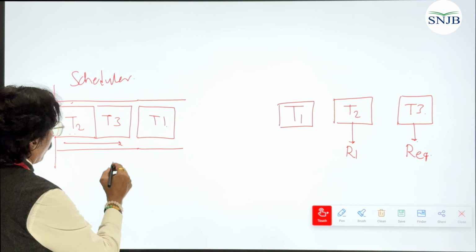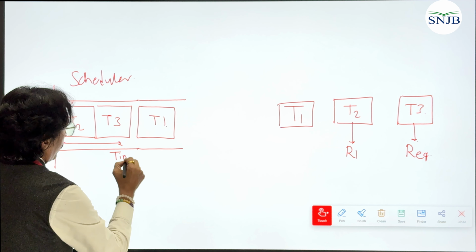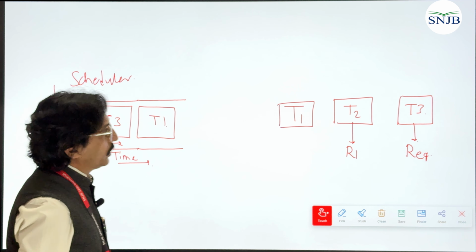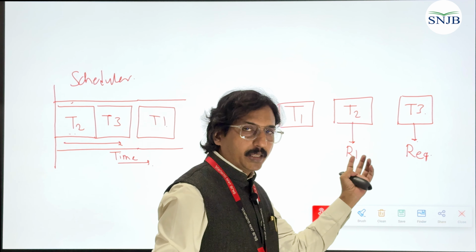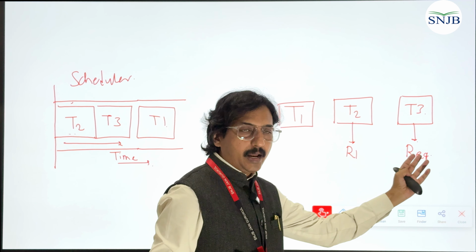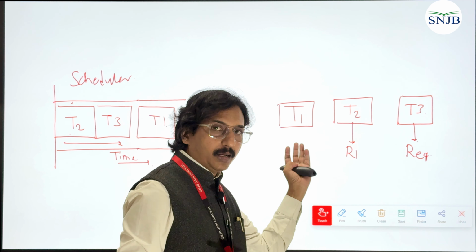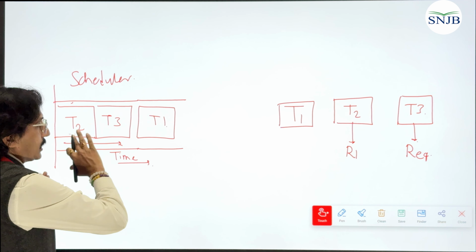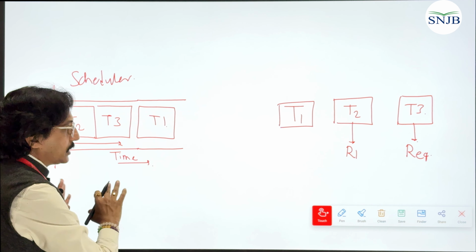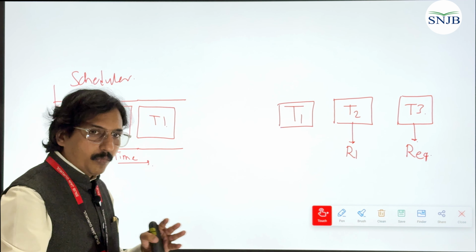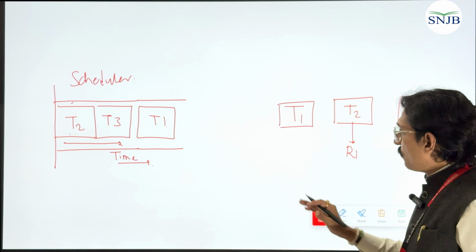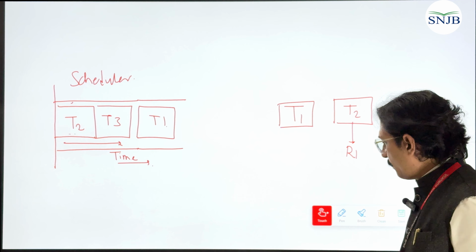This is the scenario with respect to time in first come first serve. The first task requested was task 2, the second was task 3, and lastly task 1. This way, the time slice is provided to the first come task. This is the simple algorithm of task scheduling, that is first come first serve.